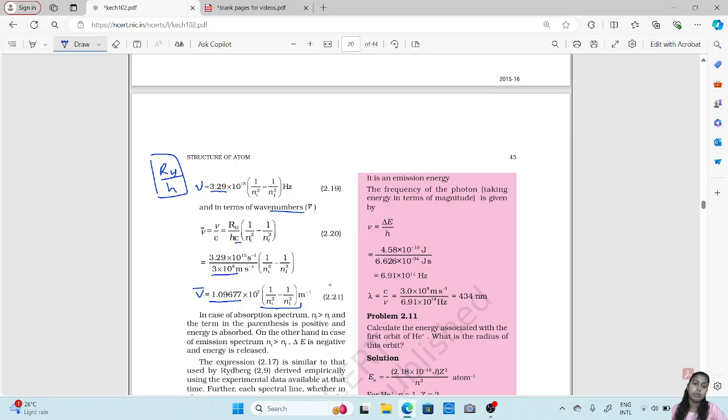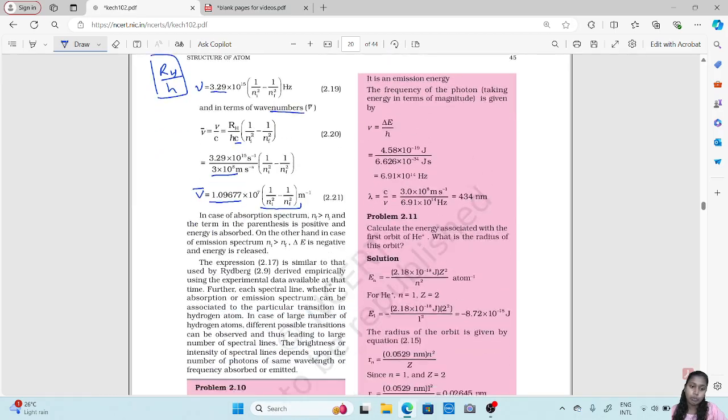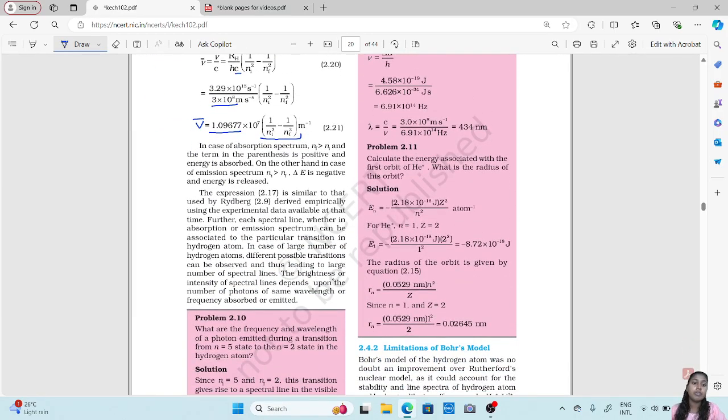Now you know how to calculate delta E, frequency, and wave number. In the case of absorption spectra, Nf, the final energy state, is greater than the initial energy state, because you are moving from a lower energy level to a higher energy level.